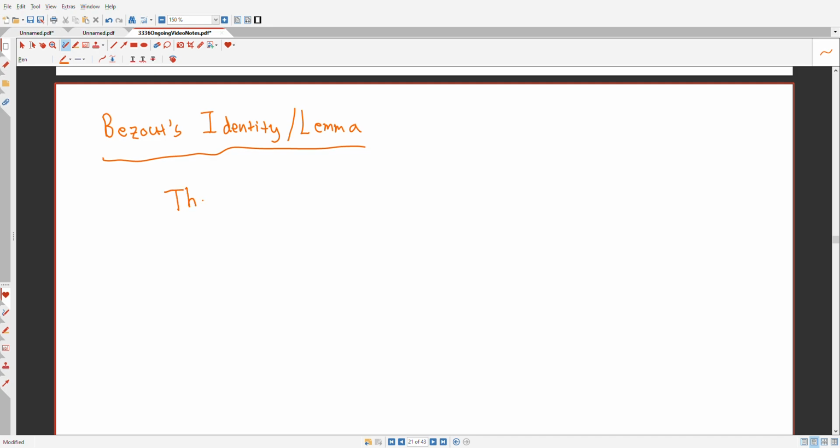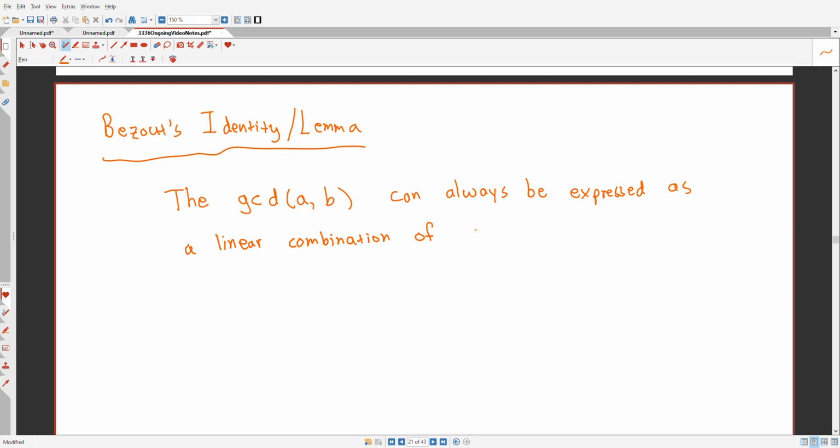The greatest common divisor of 2 integers can always be expressed as a linear combination of the 2 integers a and b.